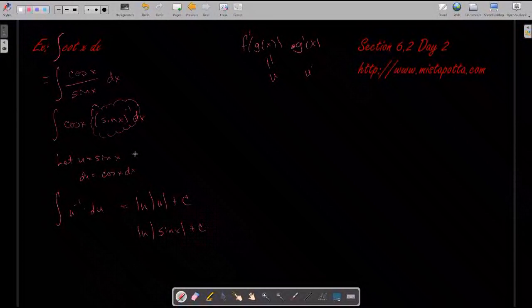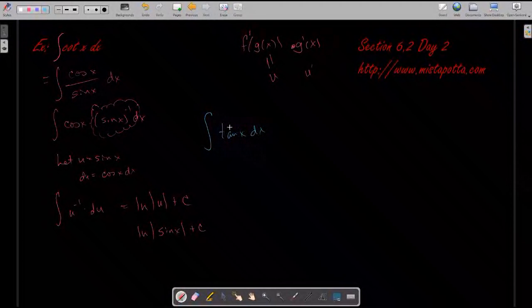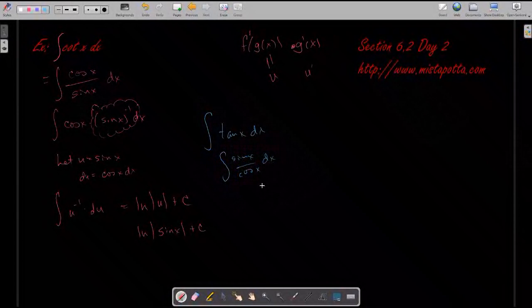And I can use this technique to deal with the integral of cosine, or similarly, I could talk about the integral of tangent x, because I could rewrite this as sine x over cosine x dx, and approach it in that same way.